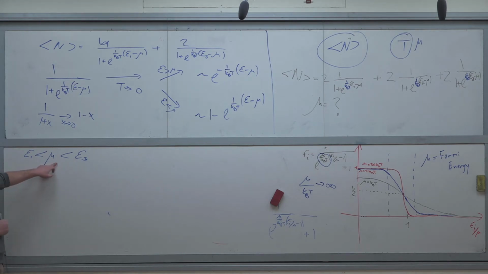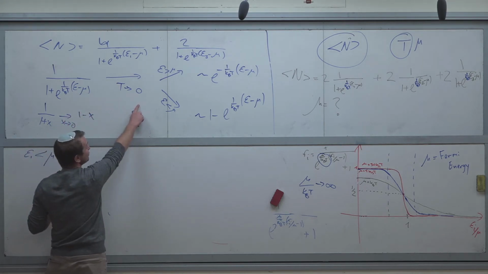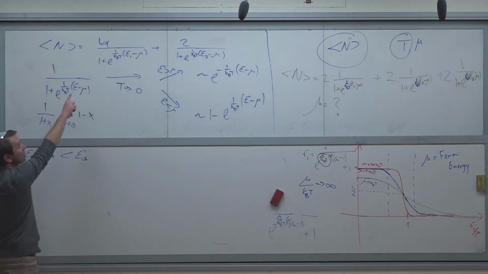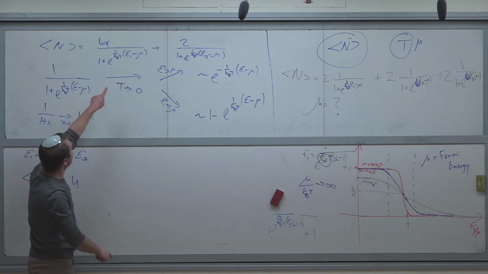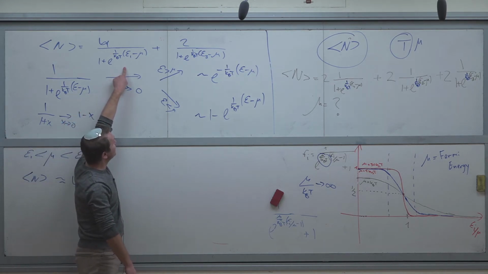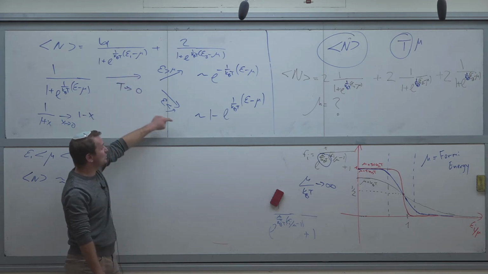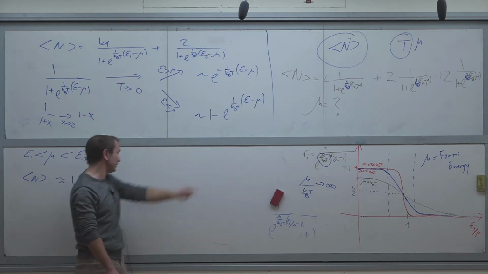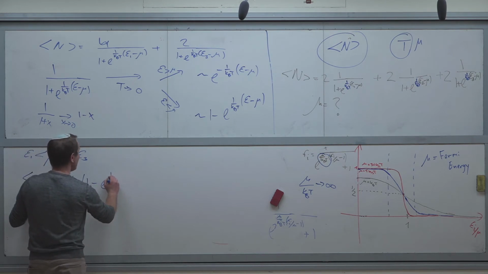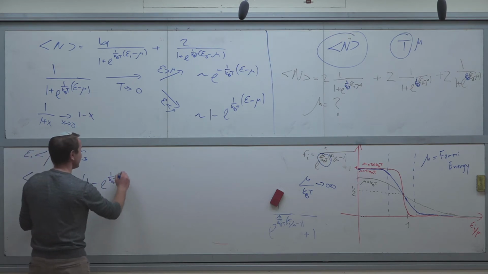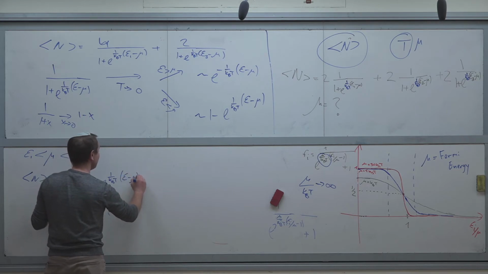Now, if this is true, we can use these expansions for the average n and state the following. Average n is approximately 4 times, since epsilon 1 is smaller than mu, we use this expression over here: 1 minus e to the power 1 over k Boltzmann T of epsilon 1 minus mu.